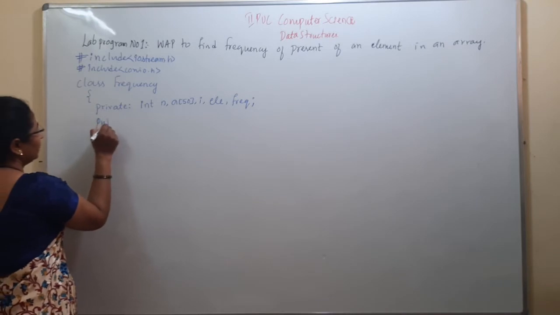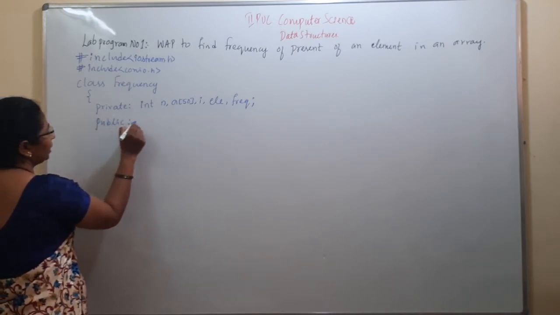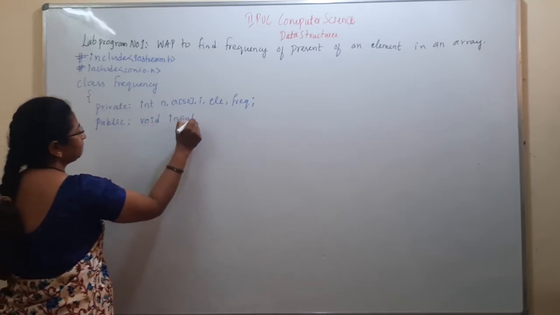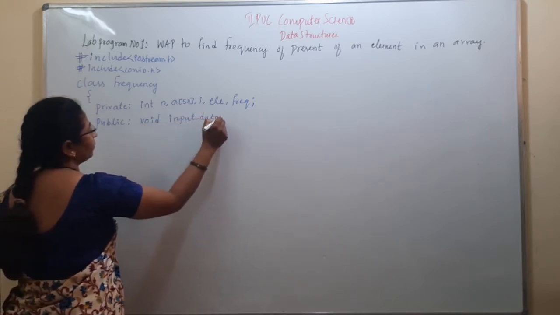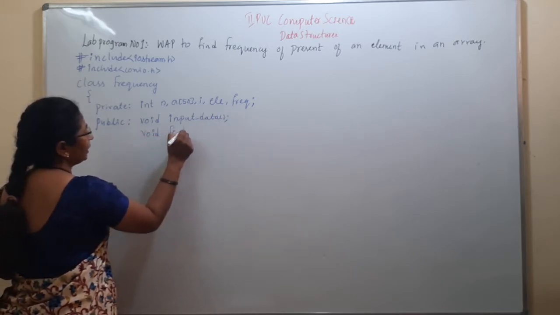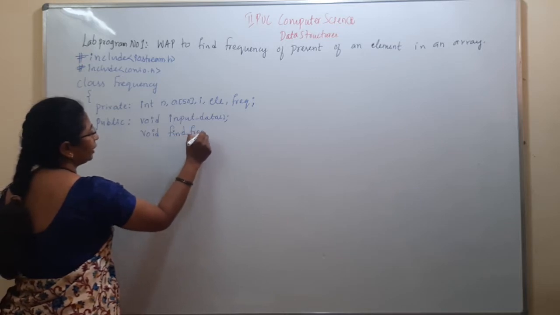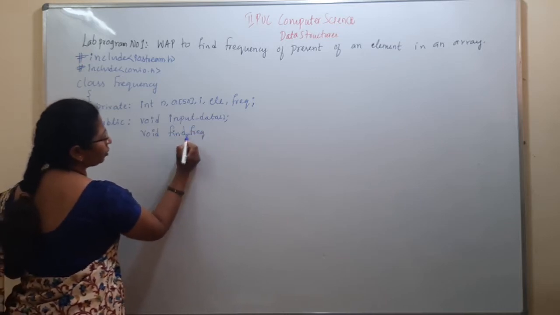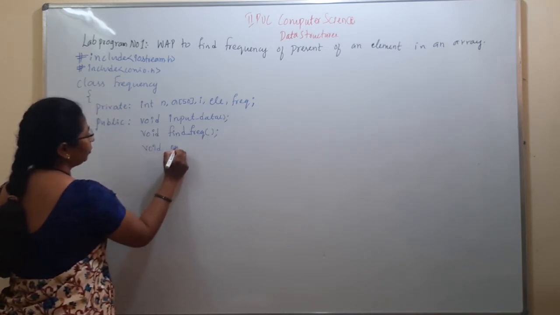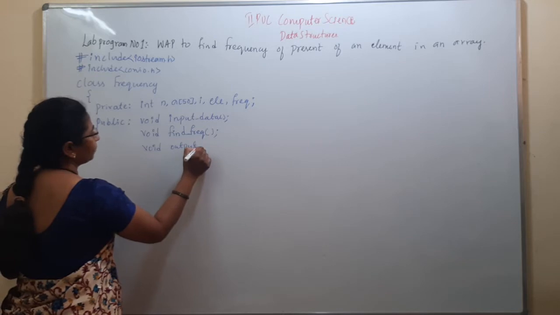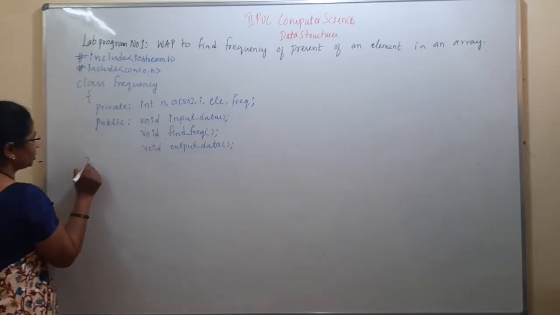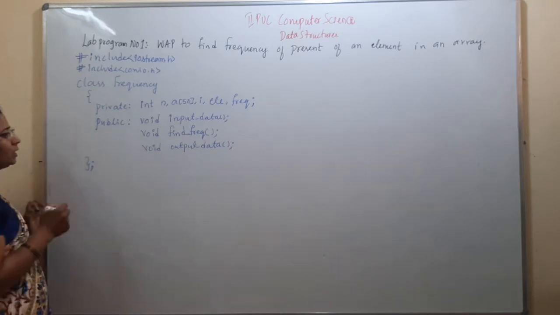Then public, declaring the member functions: void input_data, then void find_frequency, here I have used underscore, then void output_data. So these are the member functions declared within the class.